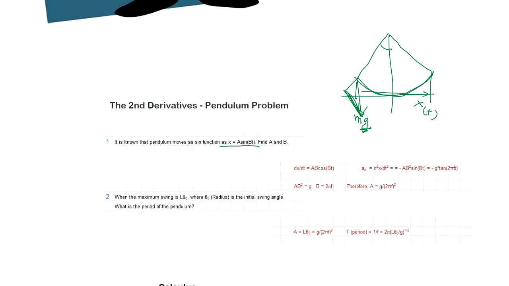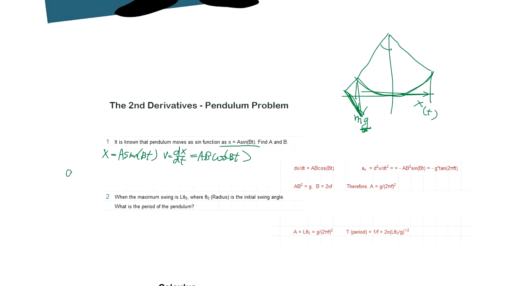So what happened is, since x equals a sine bt, the speed v equals dx over dt equals ab cos bt, right?